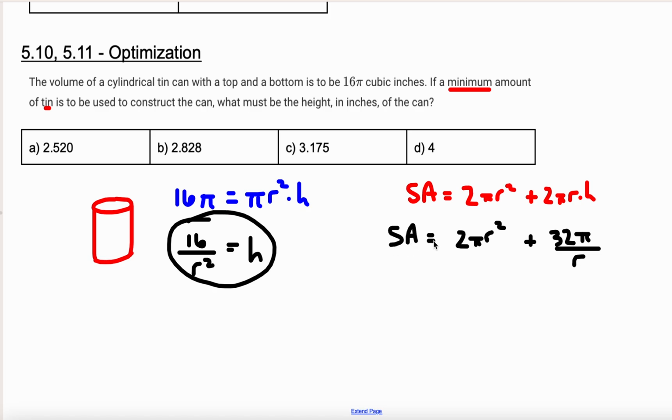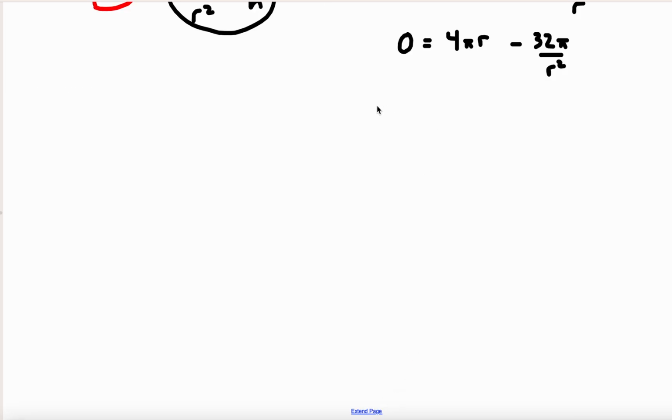If I am doing this question without a calculator, I'm going to go ahead and differentiate first. So we want the derivative to be 0. This would be 4 pi r minus 32 pi over r squared. From there, no calculator, I'd put the 32 pi over r squared on one side.